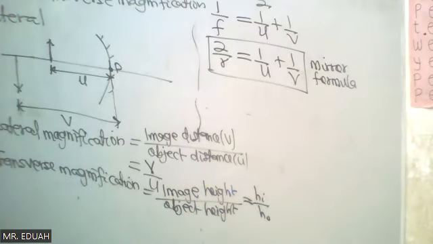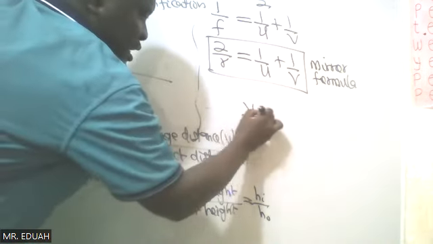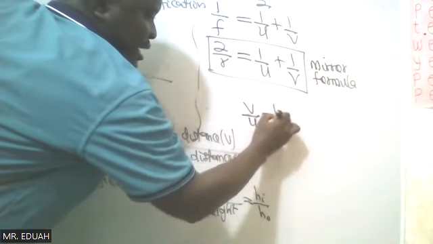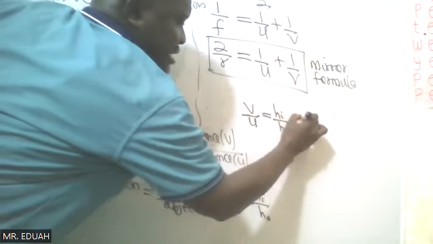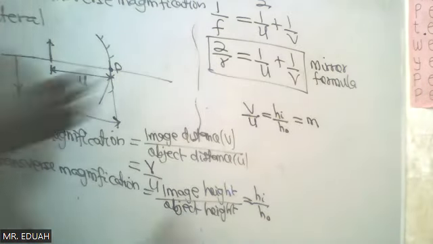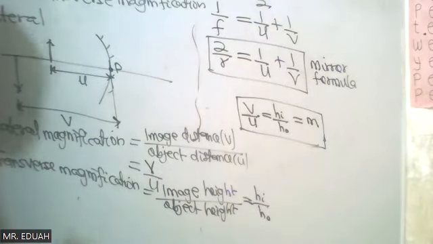Now, experiment and theory prove that lateral magnification is always equal to transverse magnification. And so V on U is always equal to HI on HO, and this is equal to the linear magnification, small letter m. We call it linear magnification because we also have angular magnification.